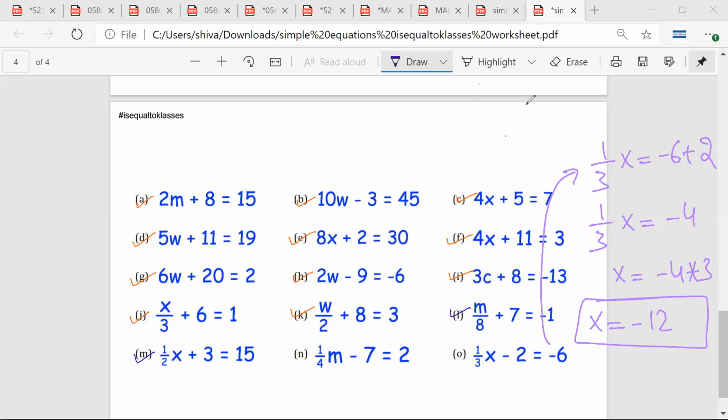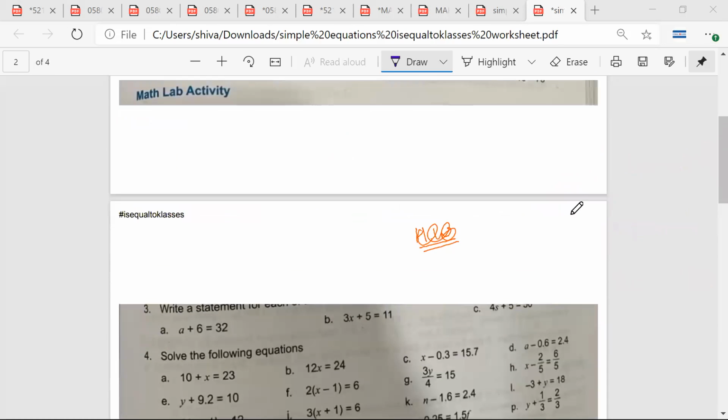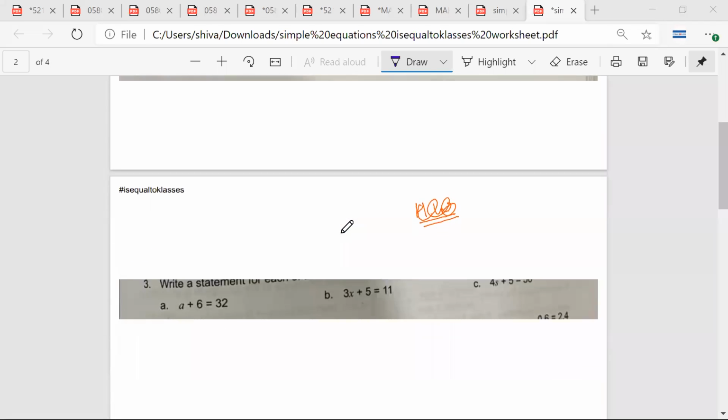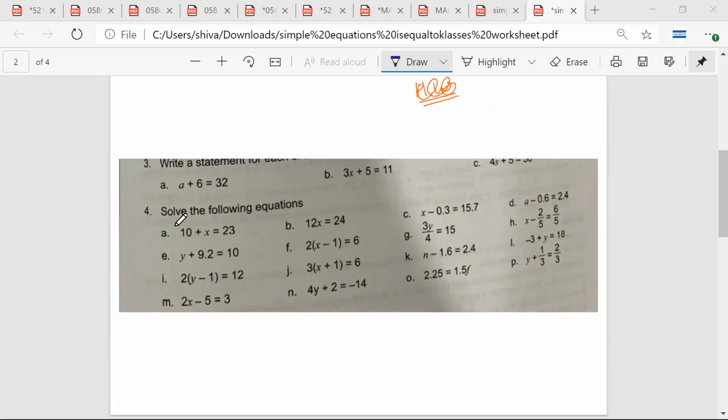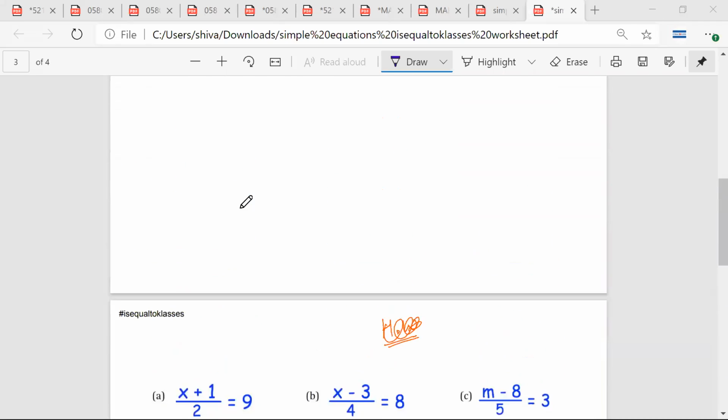Okay. So your homework is this part. I'll be sending you this PDF. Exercise 8.2 is your homework. If you want, you can do question number 4 also.